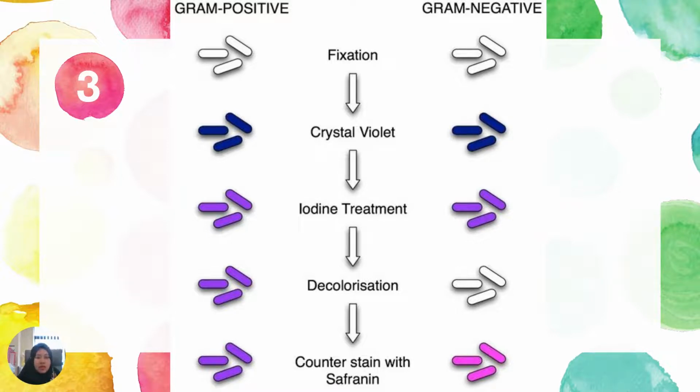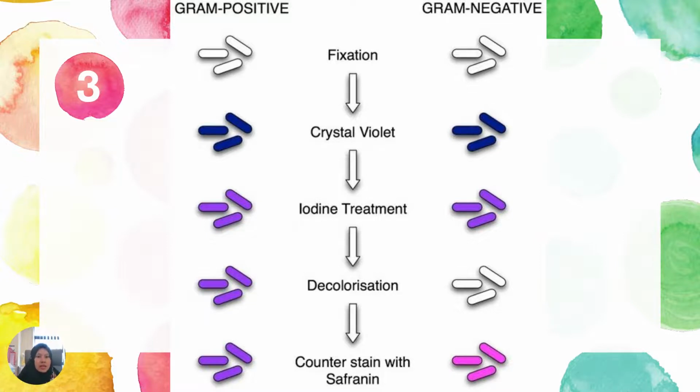The next one is the crystal violet. You put in the crystal violet solution, and because it has a violet color, at that time we will not see the differences between the gram positive and gram negative. They will both be in violet or blue color.